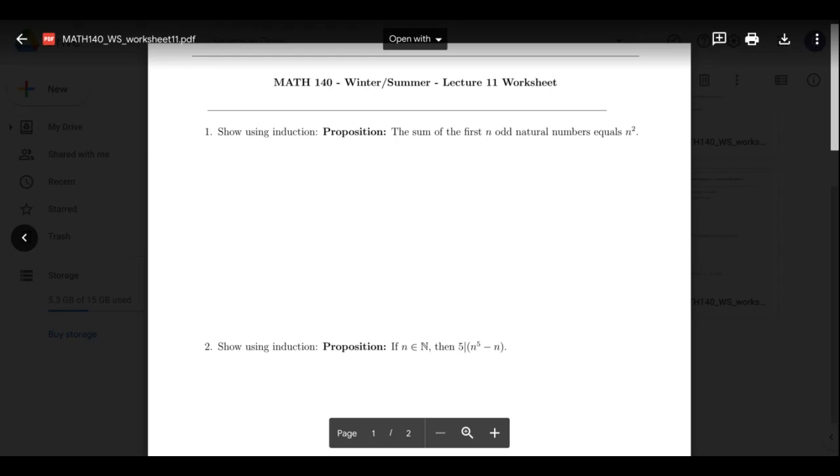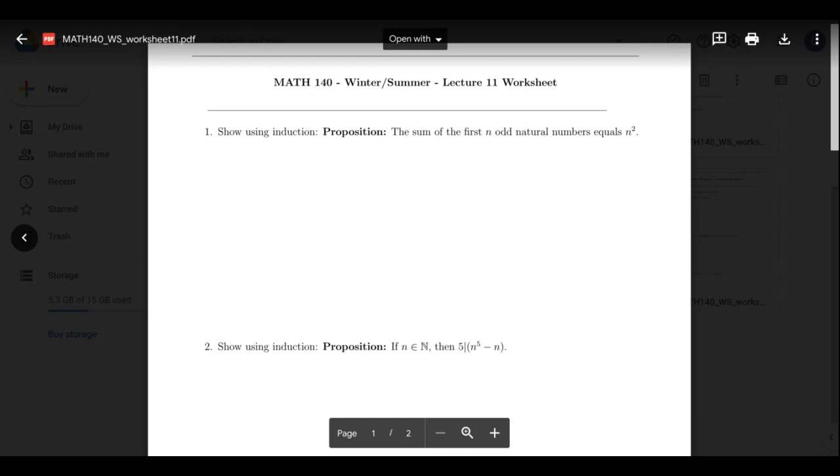So the nth odd natural number is 2n minus 1. What about n plus 1? The n plus 1 odd natural number is 2 times (n plus 1) minus 1, which is 2n plus 1.